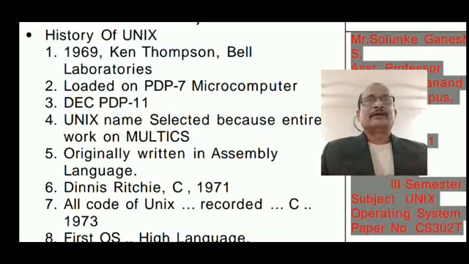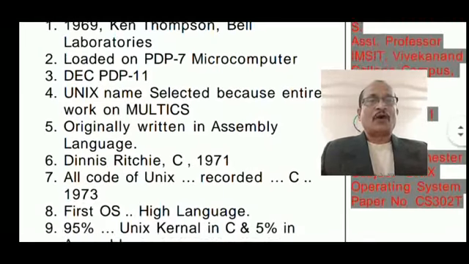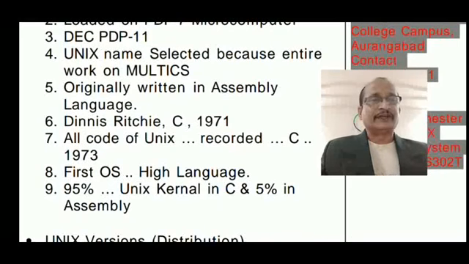That's why all the Unix code already written in assembly language was rewritten in the C language in 1973. Unix is the first operating system which was written in a high level language, that is the C language.